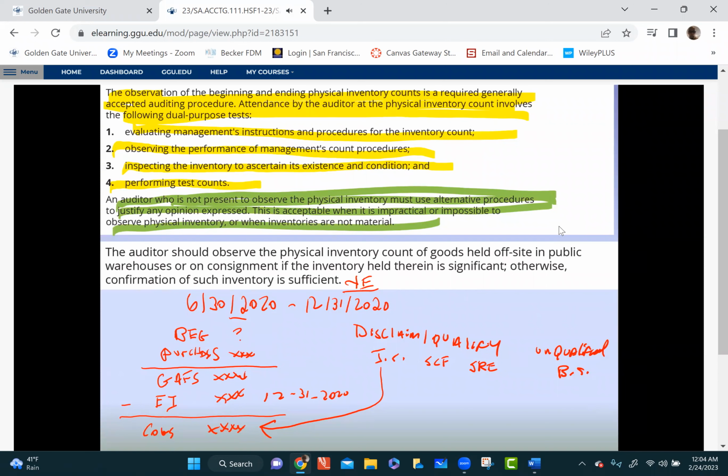Now, let's say instead of it being June, the way I've talked about here, let's say that they hire you on 2/1/2020, and it's to audit the 12/31/2020 statements.